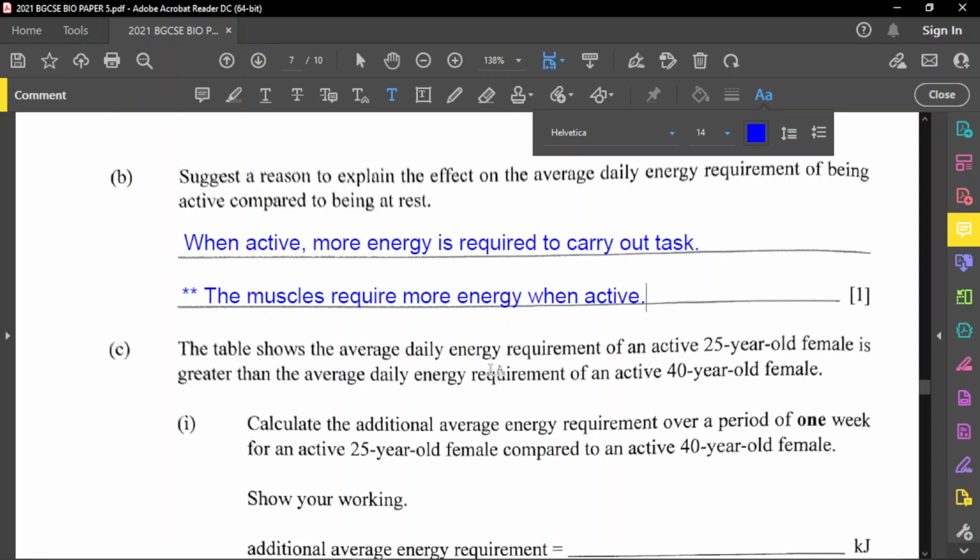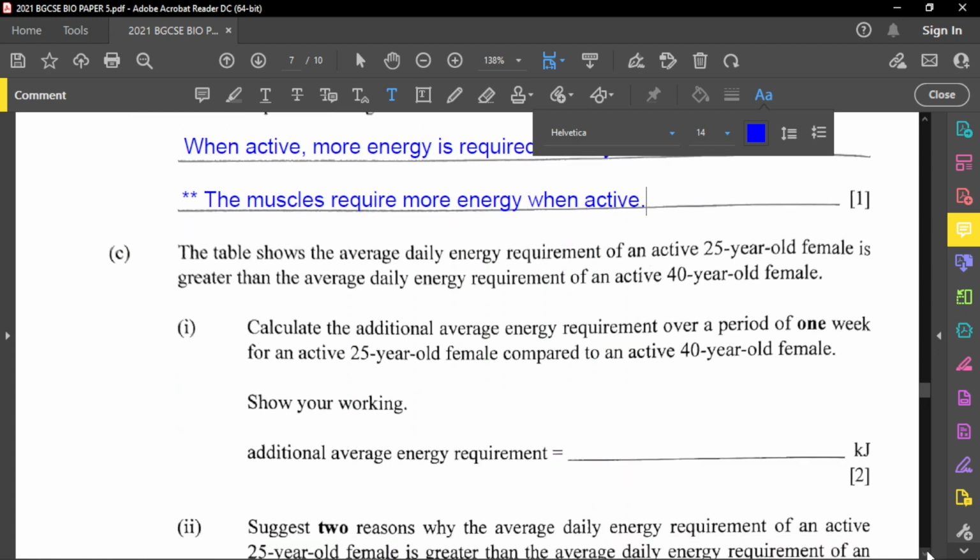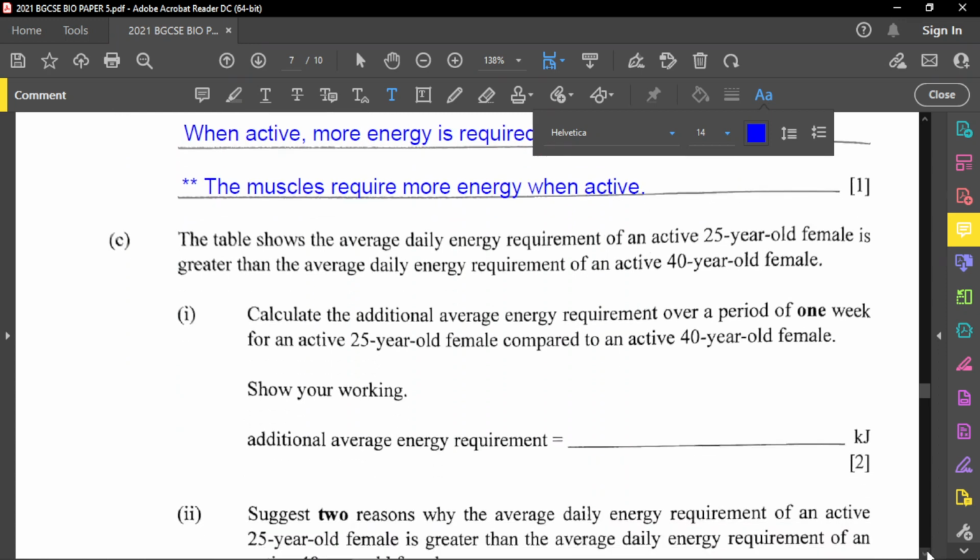All right, so for part C now, it says the table shows the average daily energy requirement of an active 25-year-old female is greater than that of an active 40-year-old female. So the 25-year-old has a higher requirement than the 40-year-old, even though both are active.